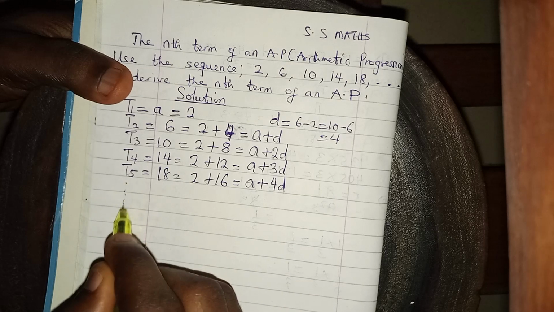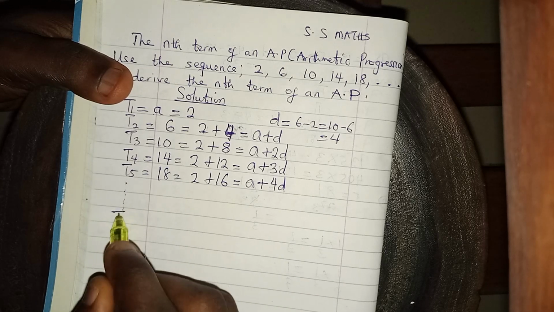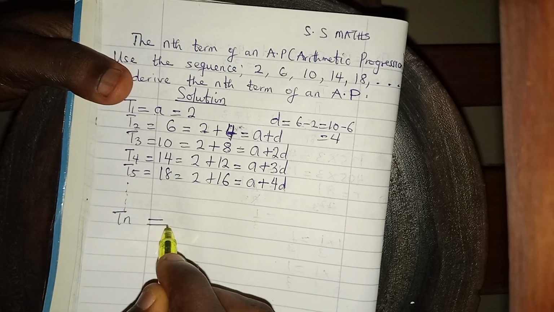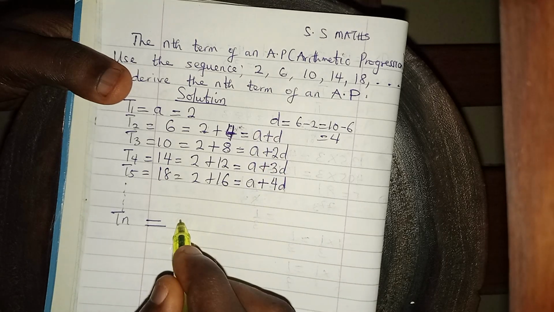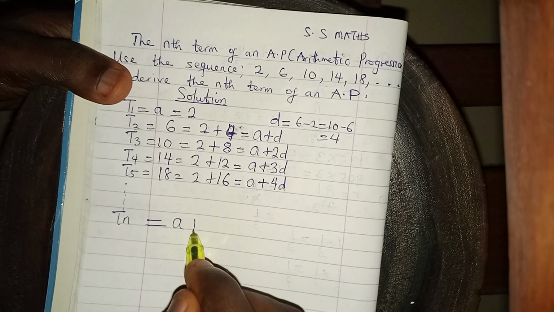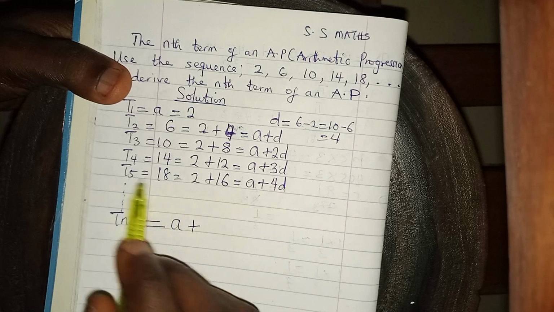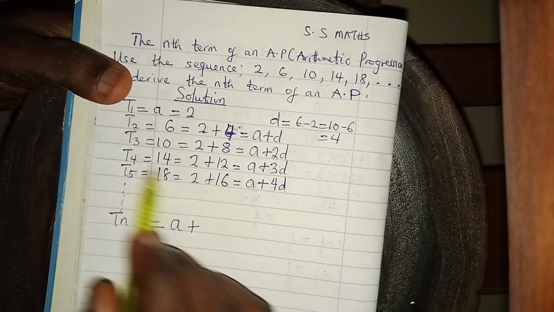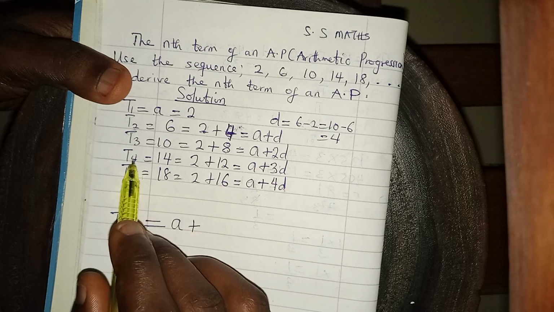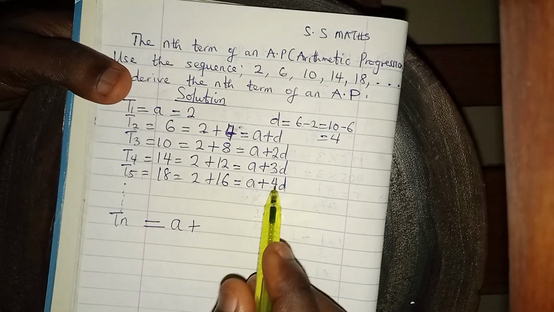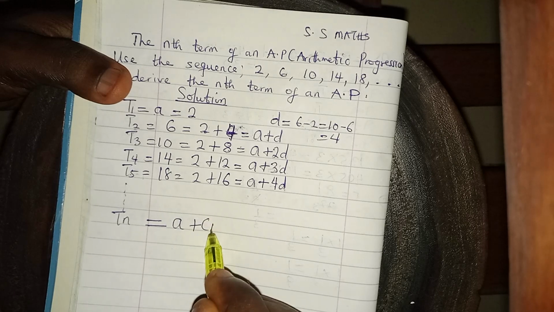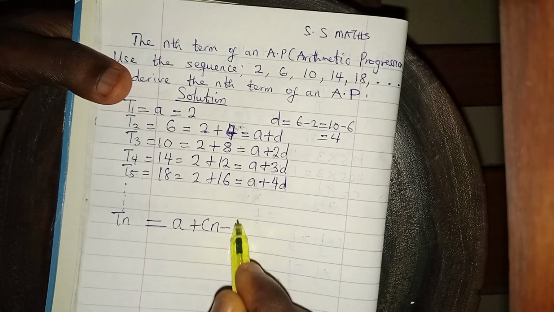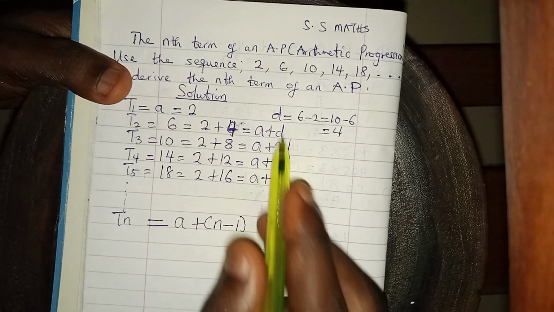So if I continue that way, I can arrive at Tn equal to A, you can see A in everything, plus, now this 4 is gotten by saying 5 minus 1, and this 3 is gotten by saying 4 minus 1. So if I'm to get the one for my n, I can say n minus 1 times d. You can see we have d in everything.